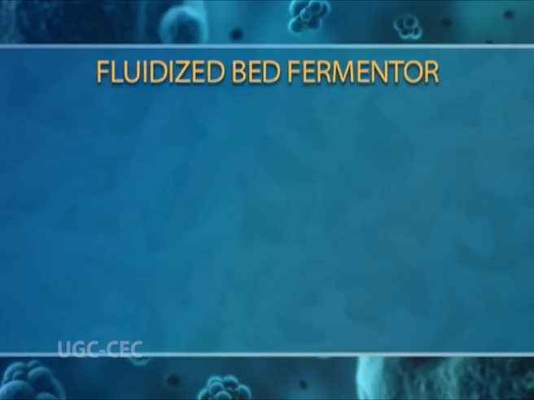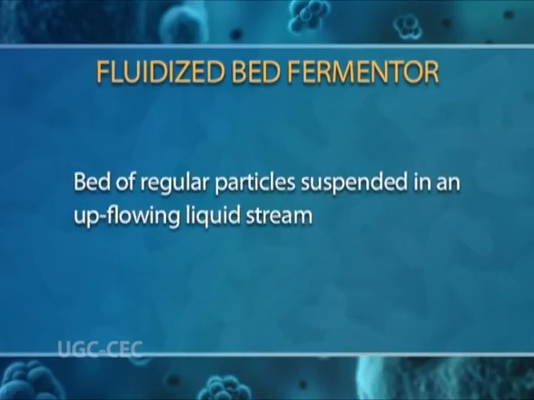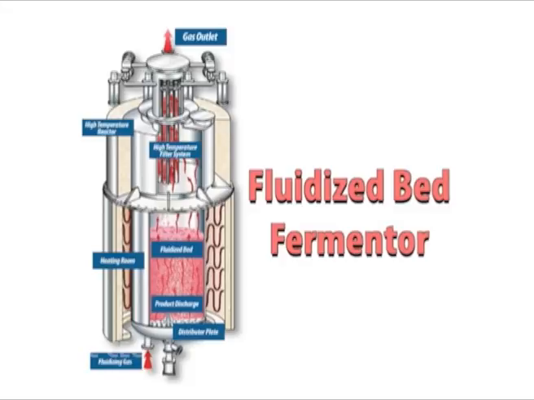The fluidized bed fermenter is a characteristic bed of regular particles suspended in an upflowing liquid stream. If an additional gas phase is involved, there is a tendency for the particles in the bed to become less evenly distributed.